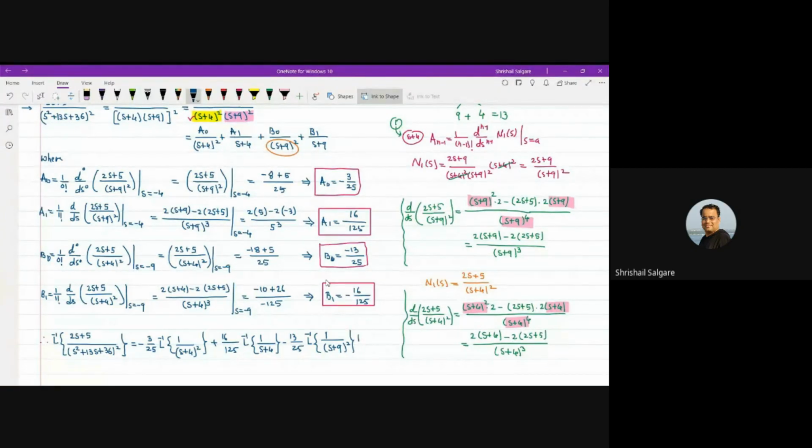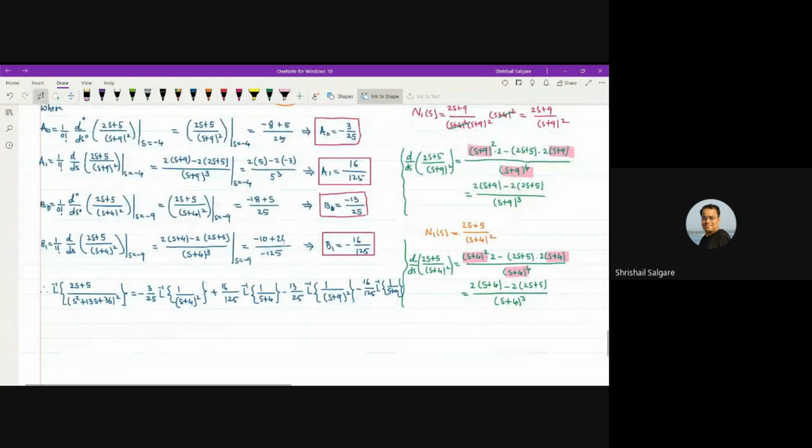Sorry, it is minus again for the last one. Both are minus, B0 and B1. Yes, both are minus. Minus 16 upon 125 L inverse of 1 upon s plus 9.